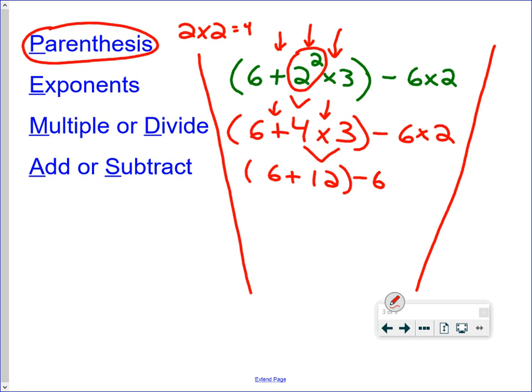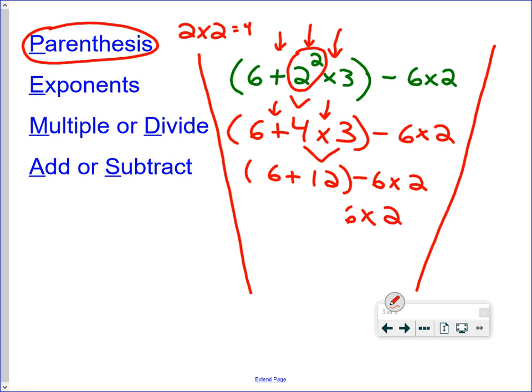Everything down, we have it completed. Now, we have one more operation to do within the parentheses. 6 plus 12 is 18. Now, since there is an operation sign outside the parentheses, we can get rid of the parentheses now.